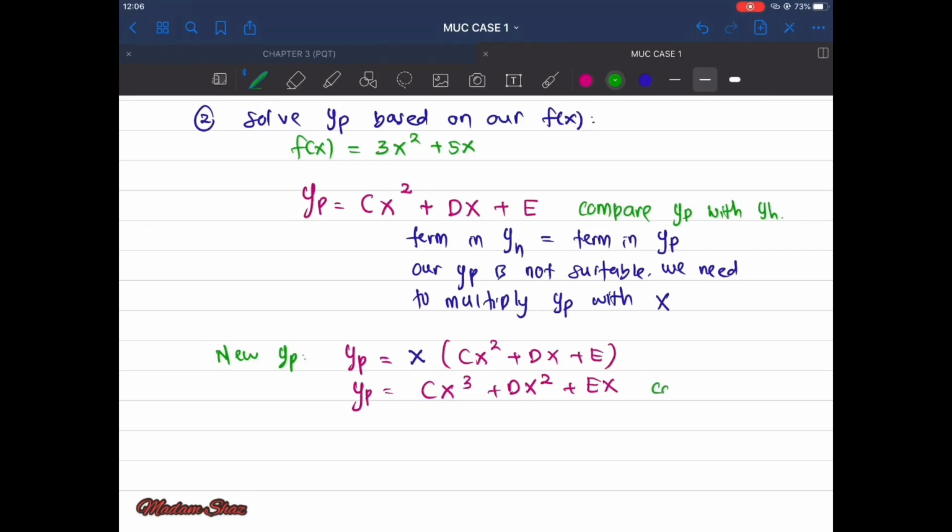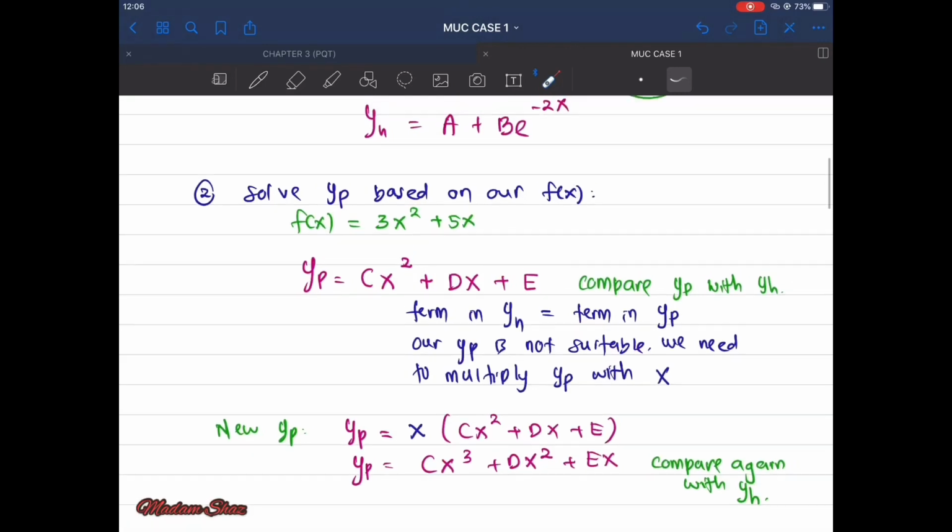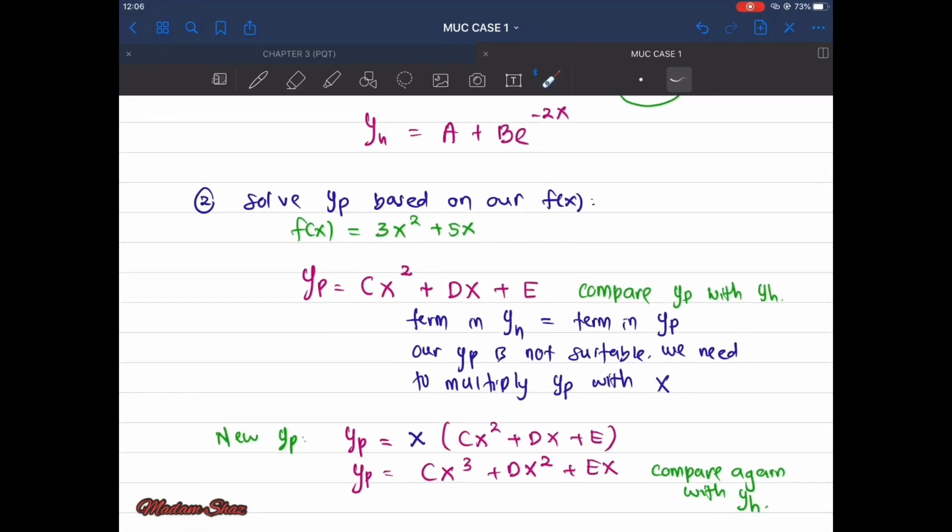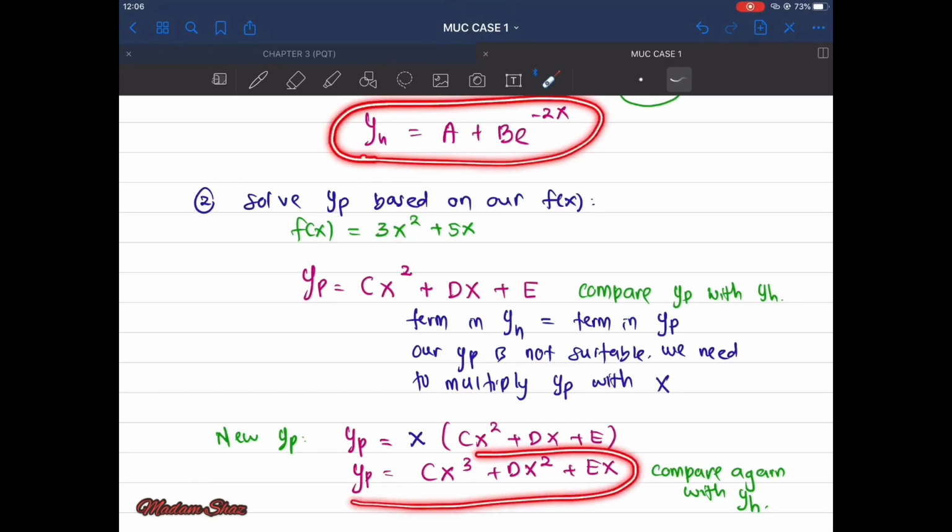Okay, now we need to compare again our yp with our yh. So this is our previous yh and this is our new yp.